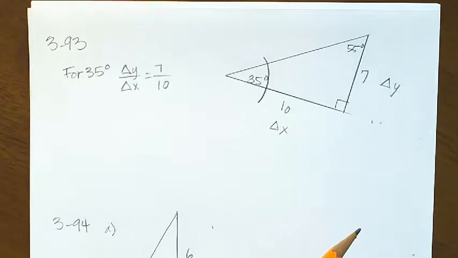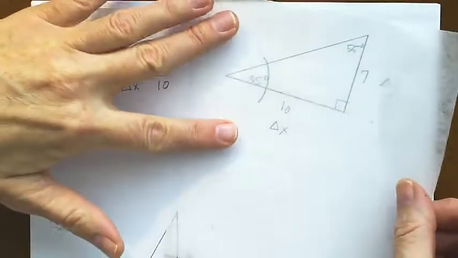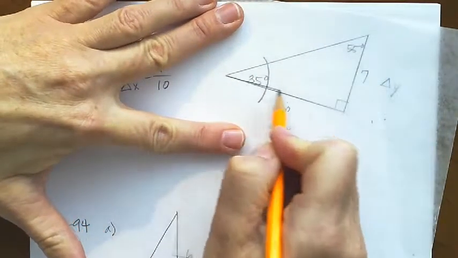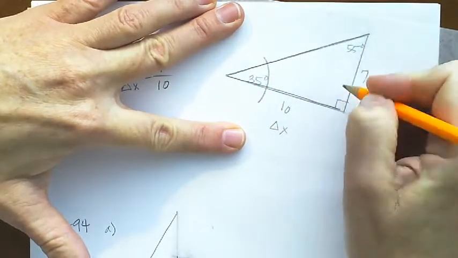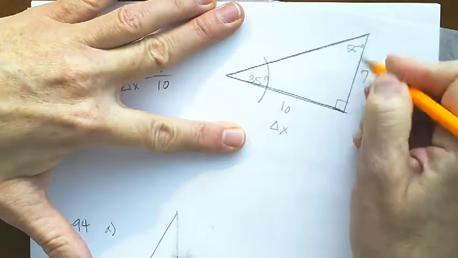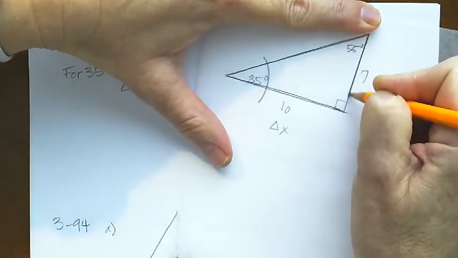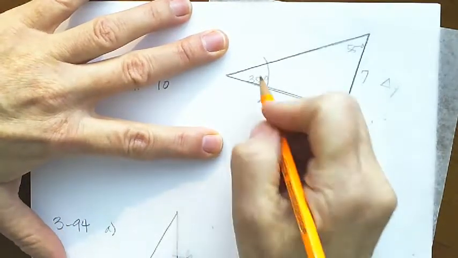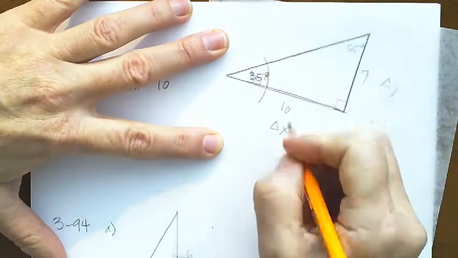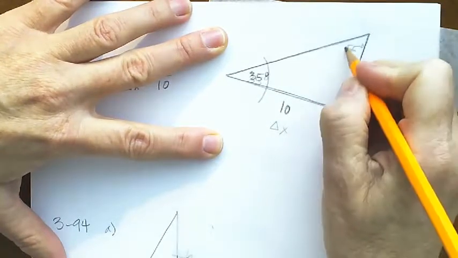If I trace this triangle, and you should have some tracing paper for this homework assignment, go ahead and trace your triangle. Put the angles on there.